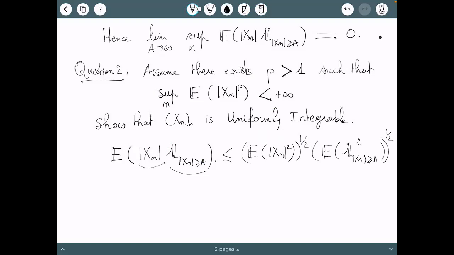So this is Cauchy-Schwarz. But what information do I have on this guy? I don't have any information about the second moment of Xn.